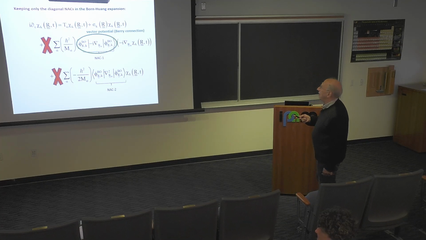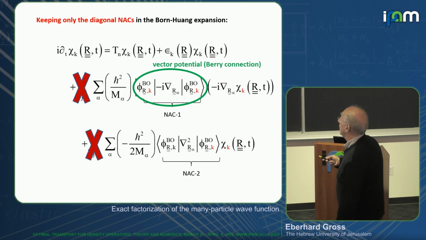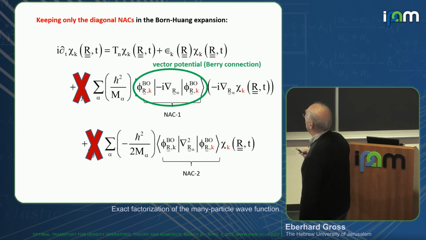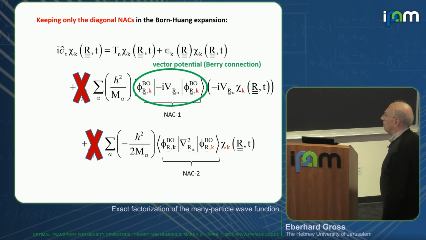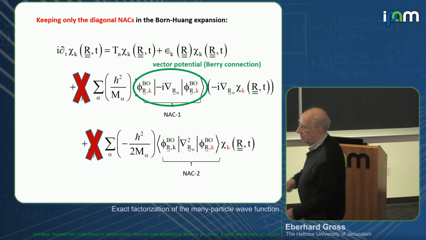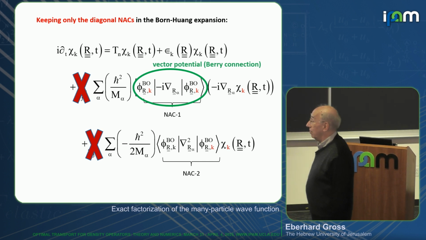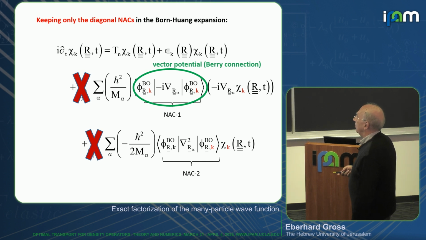So you see that the diagonal term of these non-adiabatic couplings is exactly this Berry connection vector potential that we had before, and like any vector potential, it couples to the nuclear momentum. So this really plays the role of a vector potential in the Schrödinger equation, and this can be rearranged with these two terms, and you end up indeed with the variationally best adiabatic approximation.